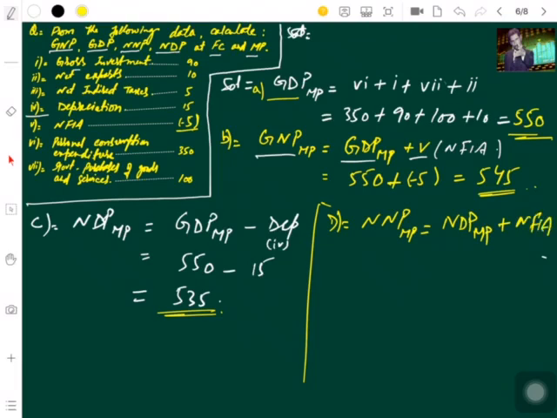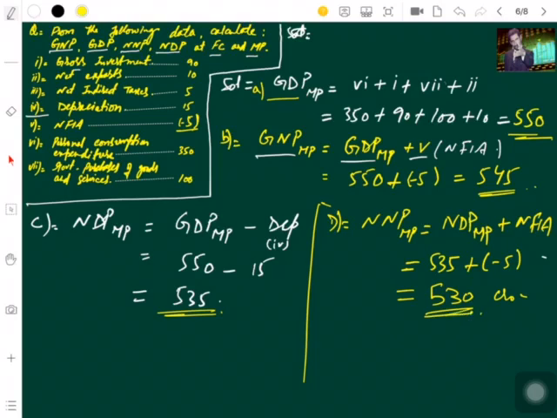NFIA is again at fifth level. That means which will come equal to our 535 already calculated plus minus 5, which will come equal to 530 crore. So we nailed it as well.